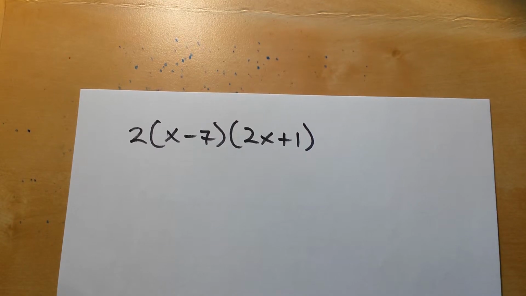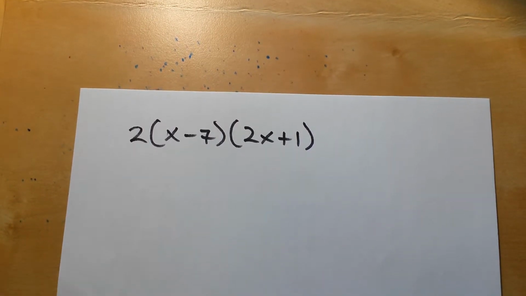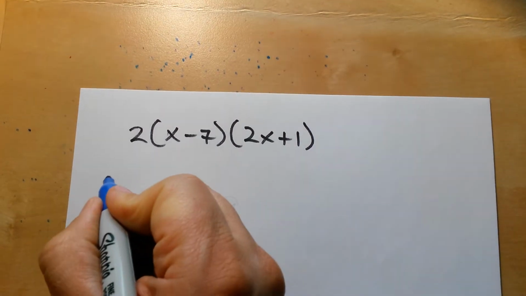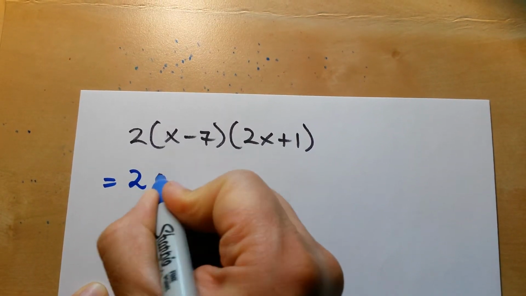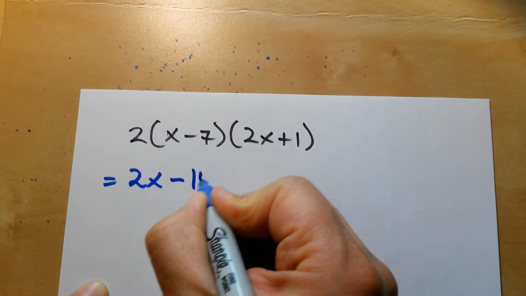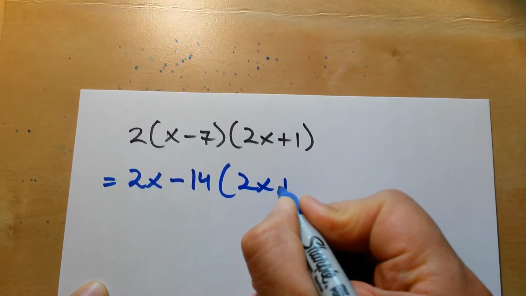So, for example, let's bring in the 2. The student may decide to do this. Okay, well, 2 times x, 2x, which is fine. 2 times negative 7, negative 14, times 2x plus 1.